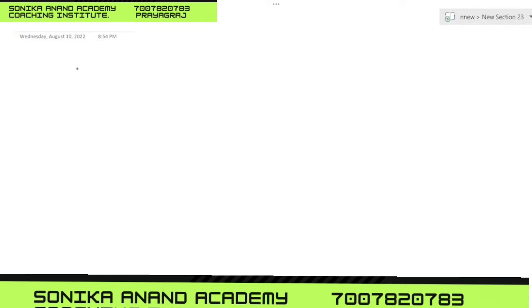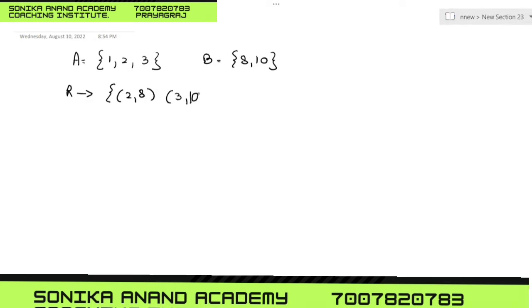For example, we have a set A, 1, 2, and 3, and set B, 8 and 10. Now there's a relation given to us: 2 and 8, 3 and 10. Say whether this is a function or not.